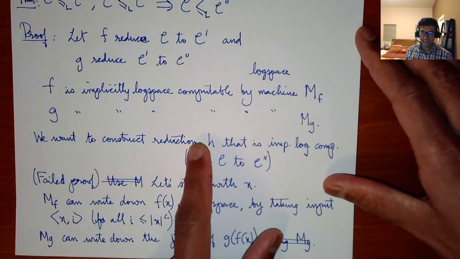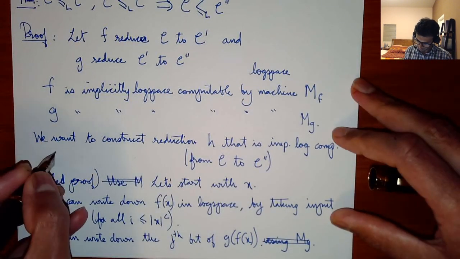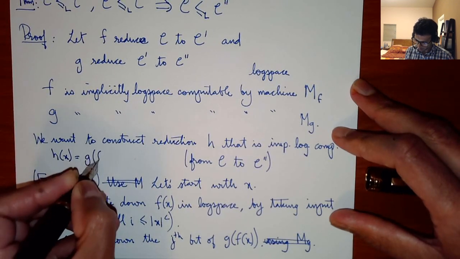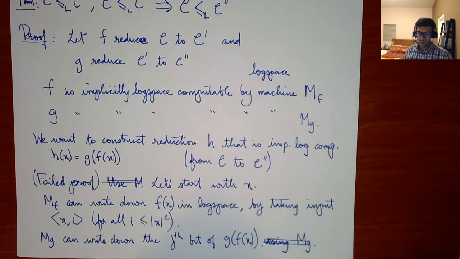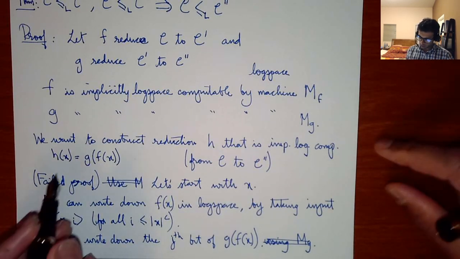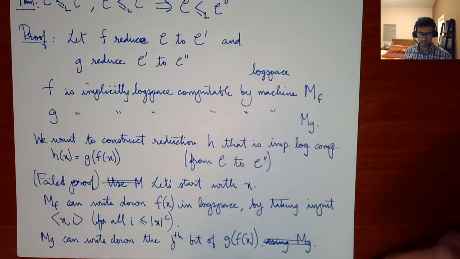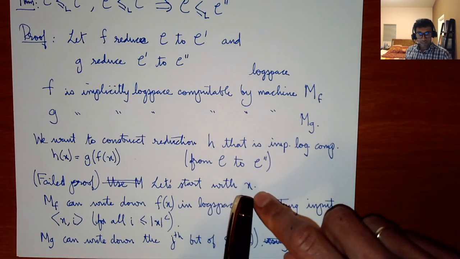I need to show that H is implicitly log space computable. So what is H? H of x should be g of f of x, right? It's just composition of functions. So I want a machine that works in log space and computes the jth bit of this in log space. So let's start with x first.